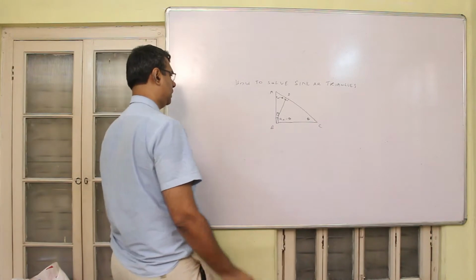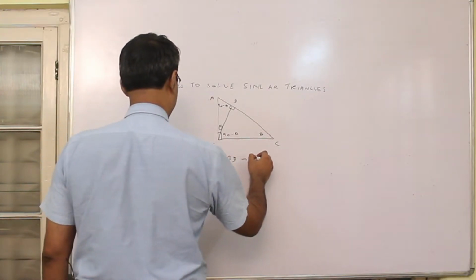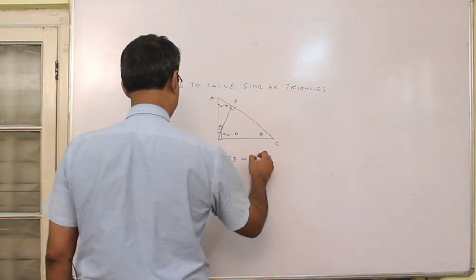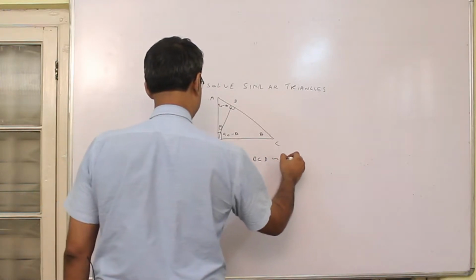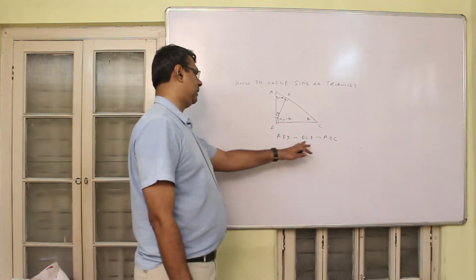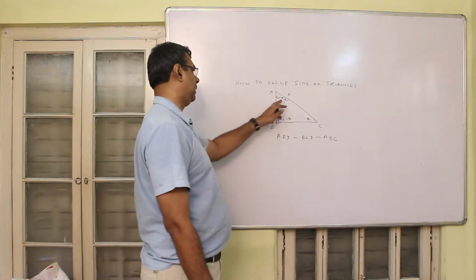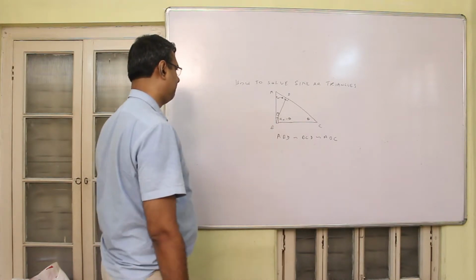Now if you notice, there are three pairs of equiangular triangles in this figure: ABD, BCD and ABC. All three triangles have theta, 90 minus theta and 90.